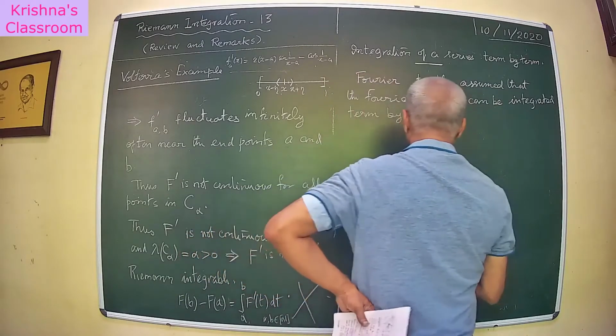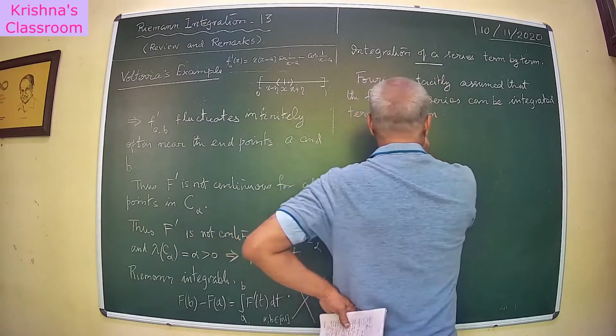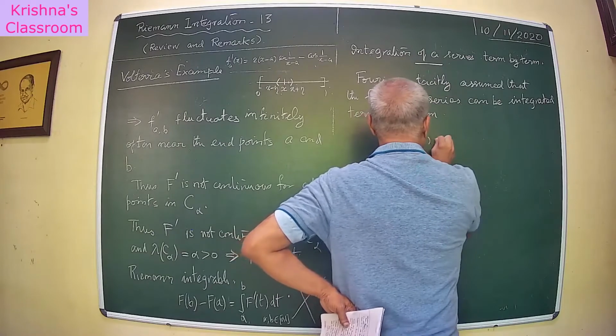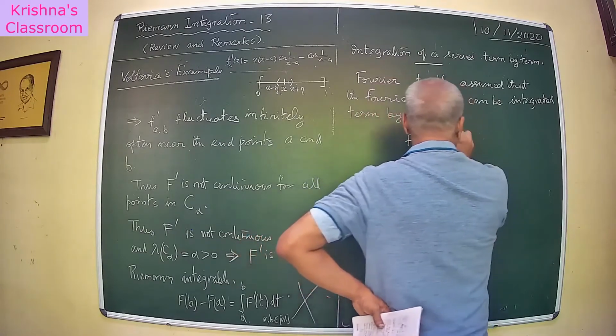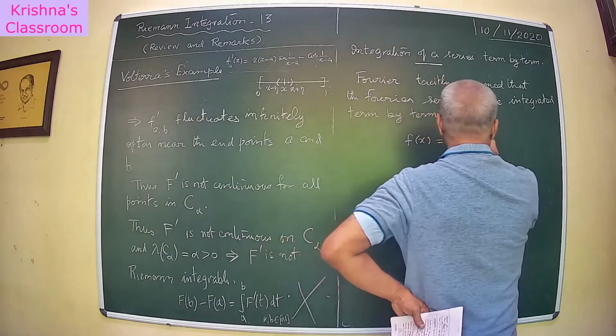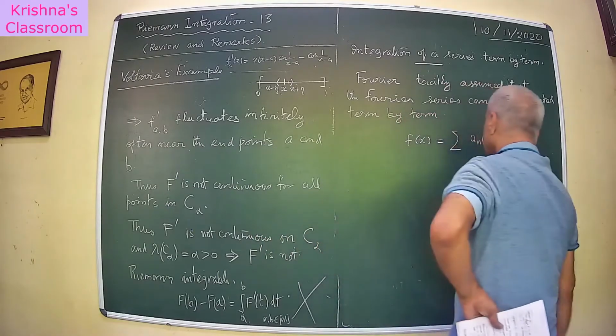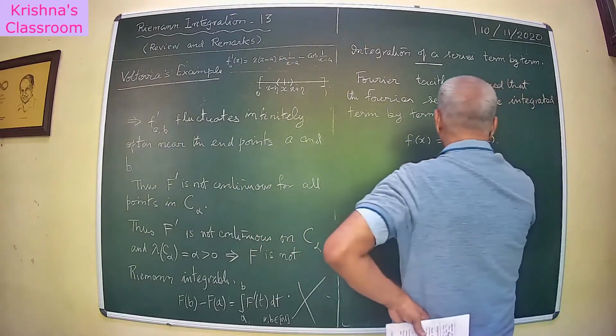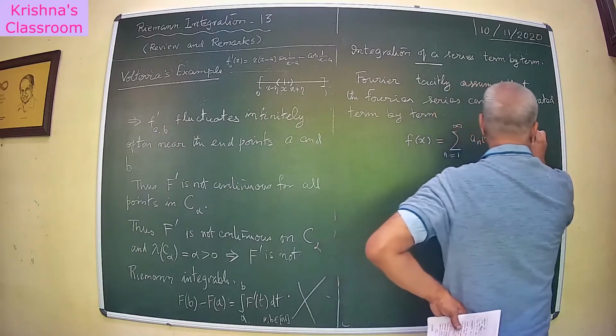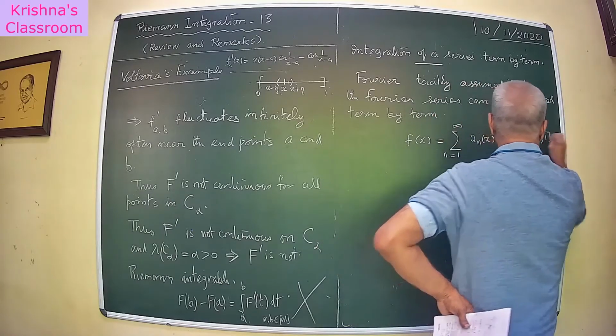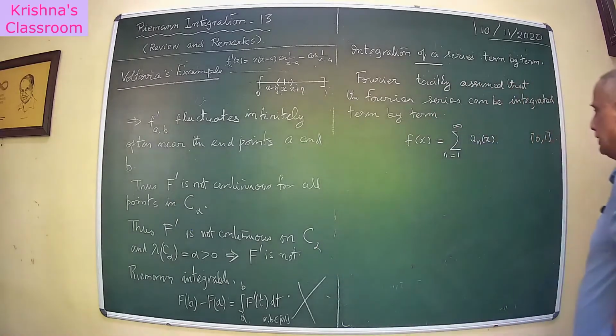Well, it's something like this. You have a series f of x equal to sigma f_n of x, n equal to 0 to infinity, and it is convergent pointwise. So assume it converges for every x.